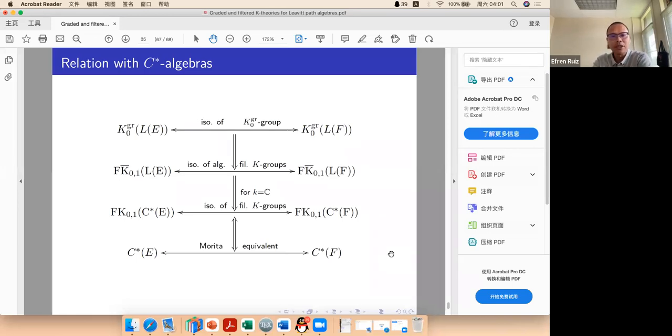So as Willie mentioned, the top line: when E and F are essential graphs, then that is equivalent to Schiff equivalence of the associated dynamical system. And if we look at E and F to be irreducible graphs, then it is known that Schiff equivalence implies flow equivalence of the symbolic dynamics.